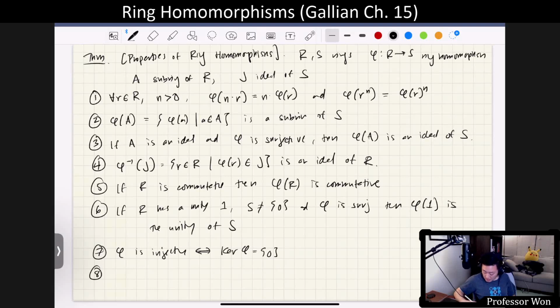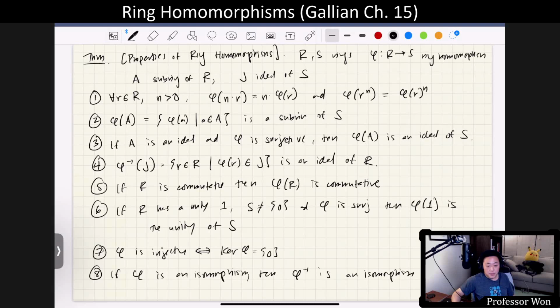And 8. If phi is an isomorphism, then that means it's a bijection, so we can form the inverse map, but the inverse map is also an isomorphism. So the content here, right, of course, if phi is bijective, then phi inverse is bijective. The content here is that if phi is a bijective homomorphism, then its inverse is a homomorphism for free, right?